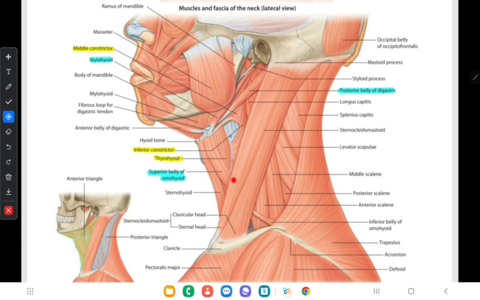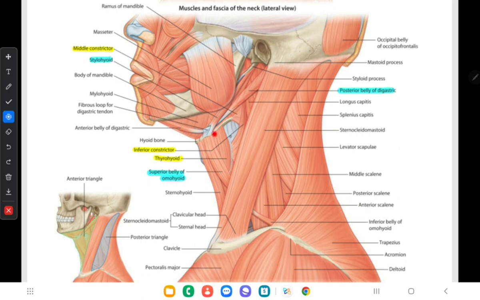Then the floor consists of four muscles: hyoglossus muscle and thyrohyoid muscle anteriorly. This is the thyrohyoid muscle. Here you cannot see the hyoglossus muscle. Then you have inferior constrictor muscle and middle constrictor muscle posteriorly.